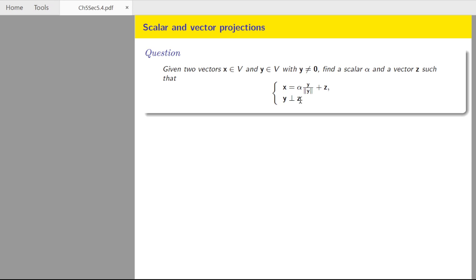If we take a look at this decomposition, alpha is a scalar, and y over the norm of y is actually a direction vector. Because y over its norm is a unit vector, which means its length equals 1.